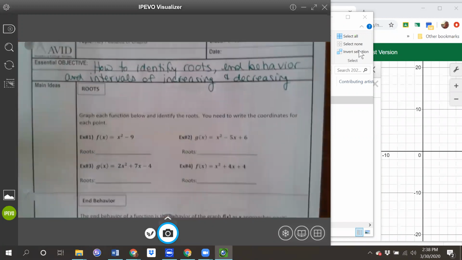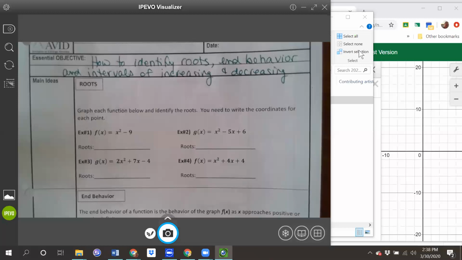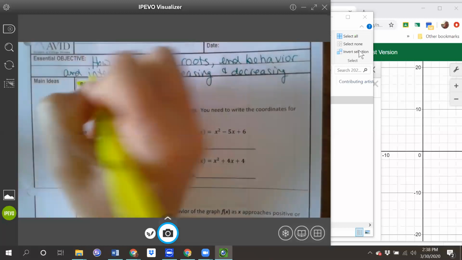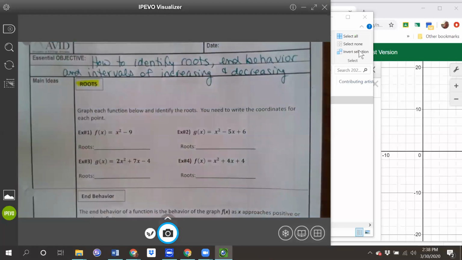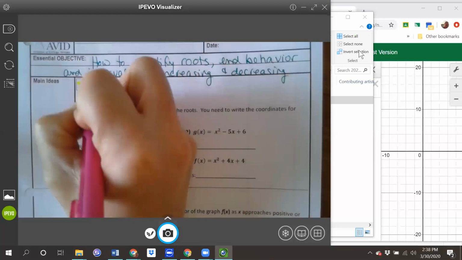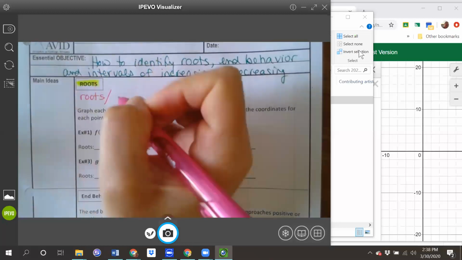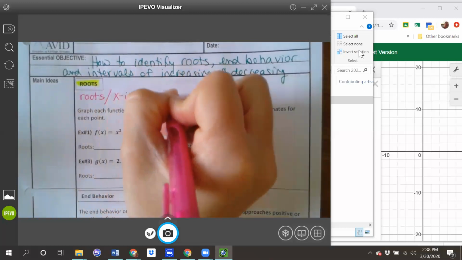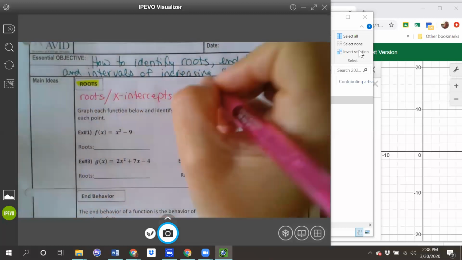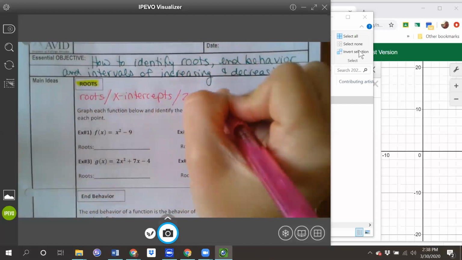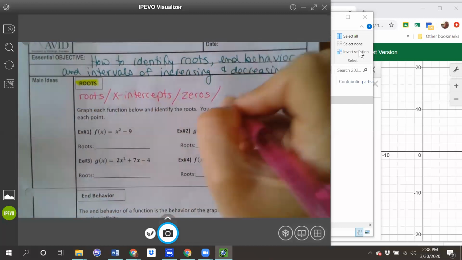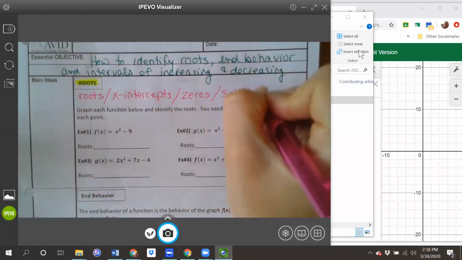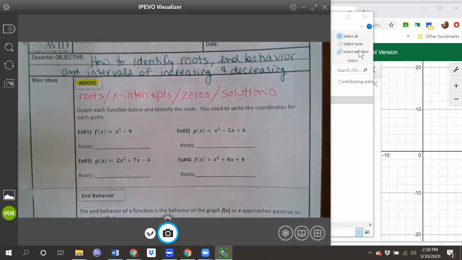So we will start with the thing that we are familiar with, which is roots. And I will say it again, roots mean the same thing as x-intercepts, which is the same thing as zeros, which are the same things as solutions. All four of those things all mean the same thing.